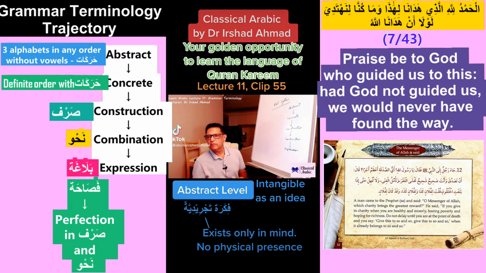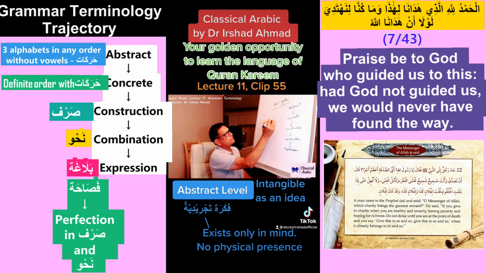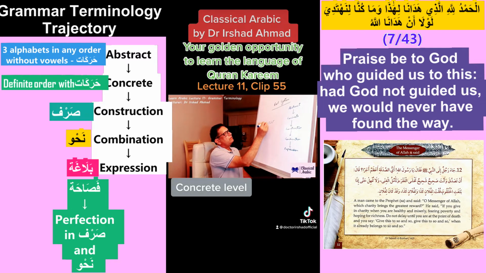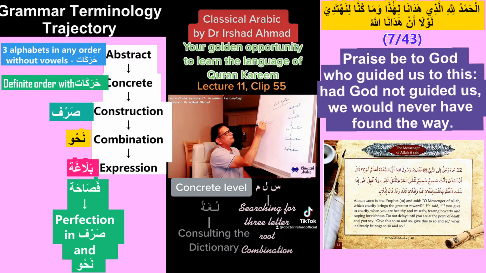So what all that means in practice really. At concrete level, when we have a different three-letter root combinations such as Seen, Lam, Mim, so that is something to do with Lugha, Lughatun, which means consulting the dictionary.